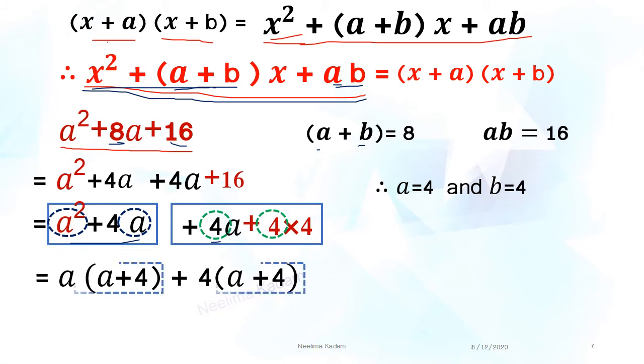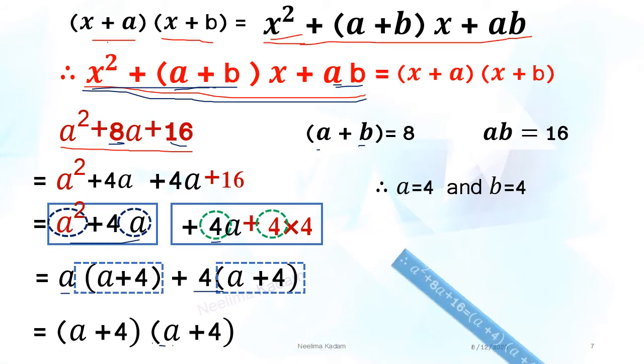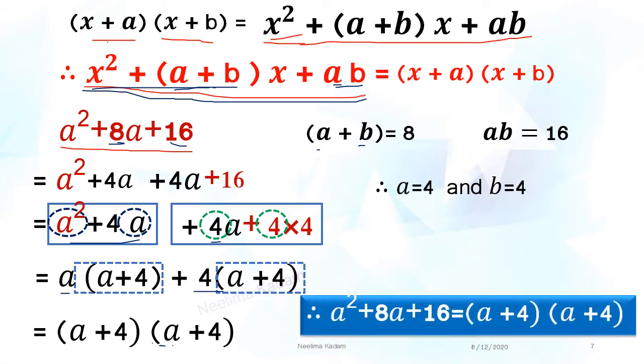Now again a plus 4 is common in the whole, that is equal to a plus 4 into a plus 4. So factors of a square plus 8a plus 16 is equal to a plus 4 into a plus 4.